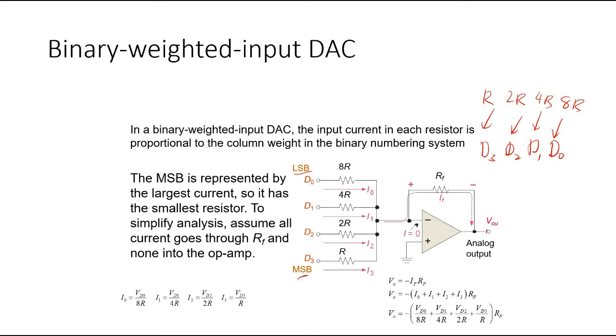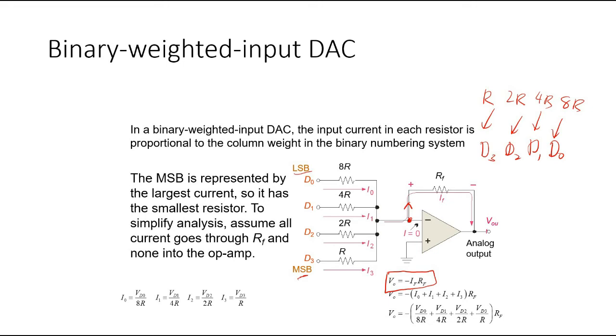And then for the op-amp here, if you want to calculate the IF, we get V0 equal to minus IF multiplied by RF.